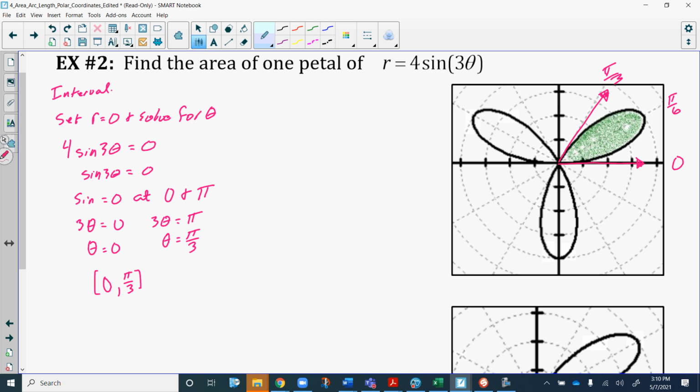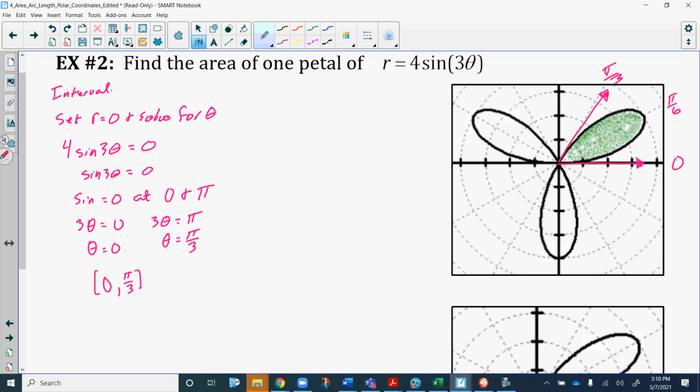So that's graphically how we could have identified the interval. It was from 0 to pi over 3. Sometimes it's going to be pretty difficult to figure out graphically, but in this case it was easy to see, and that's how we have our interval.